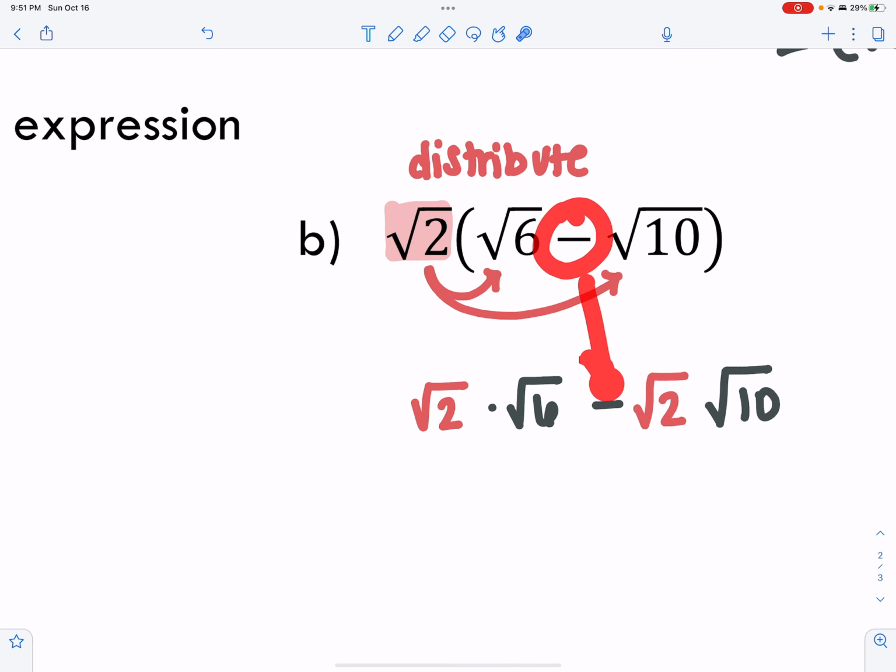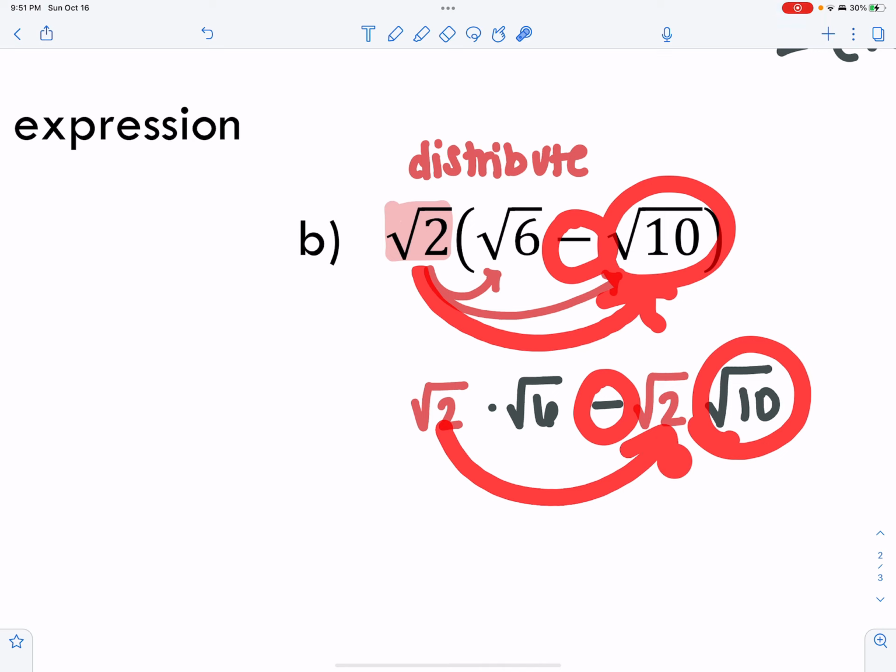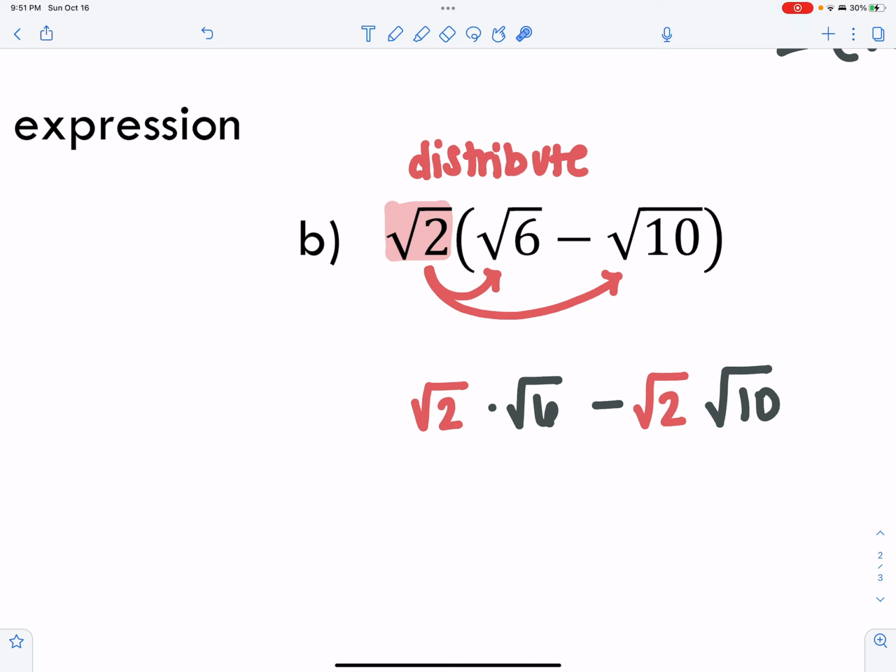I drop down in the middle and then I put that square root 10 in the back. It doesn't matter which way you distribute. If you want to put the square root 2 on the back of both of these so that that negative sign doesn't get lost, it's fine. Here's the negative, here's the square root 10, and then there is the square root 2 that I distributed.